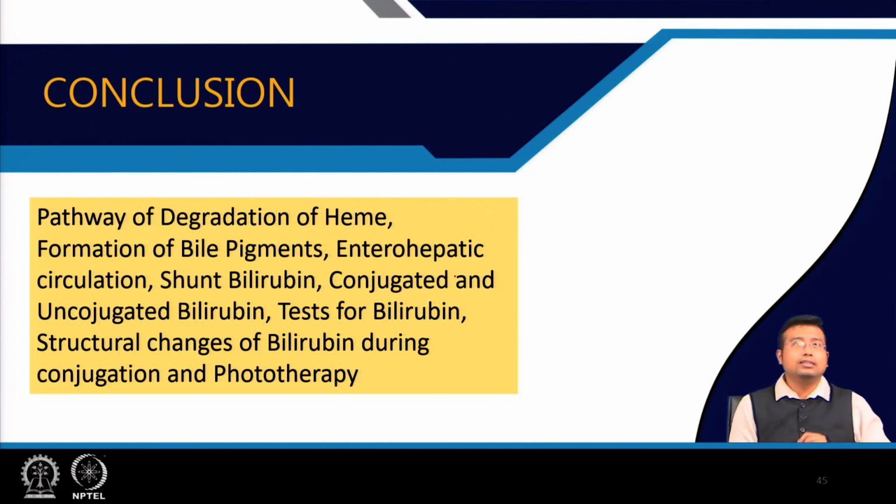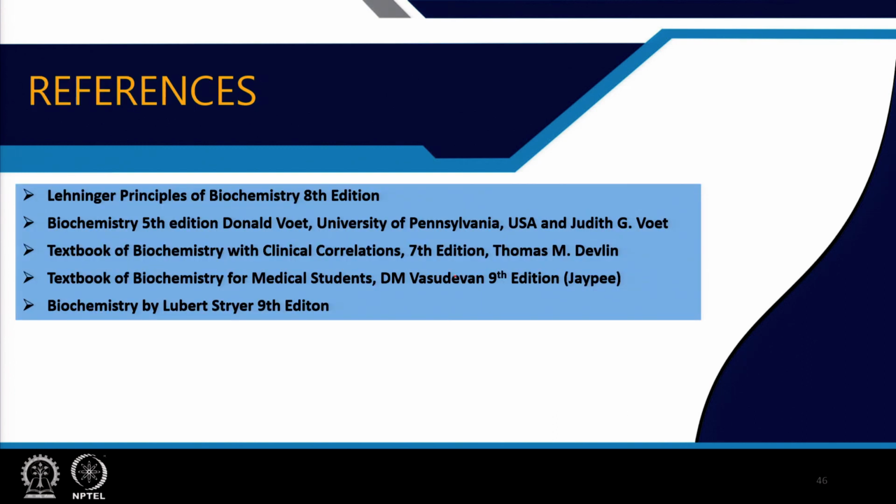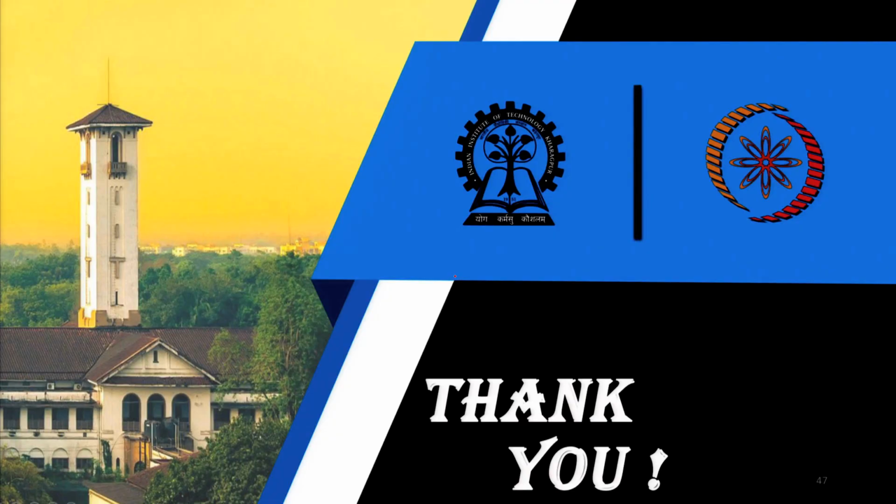So, to conclude, in this class we have discussed the pathway of degradation of heme, how bile pigments are formed, how bilirubin undergoes enterohepatic circulation, shunt bilirubin, the difference between conjugated and unconjugated bilirubin, the tests such as the van den Bergh test and their mechanism of action, and the structural changes of bilirubin during conjugation and phototherapy. So, these are my references and I thank you all for your kind attention.